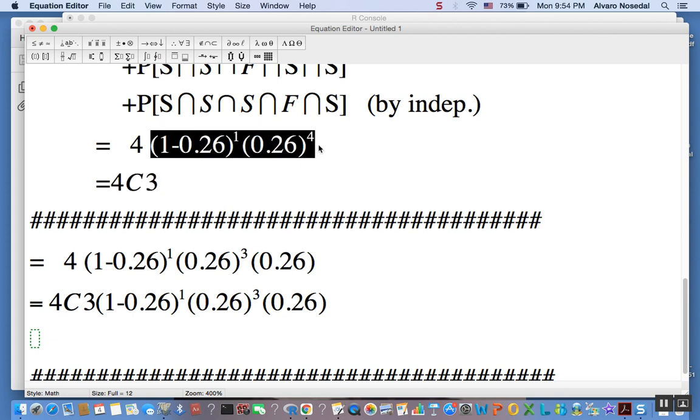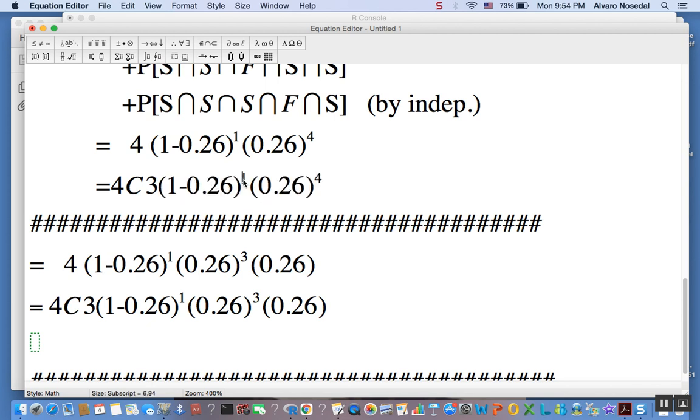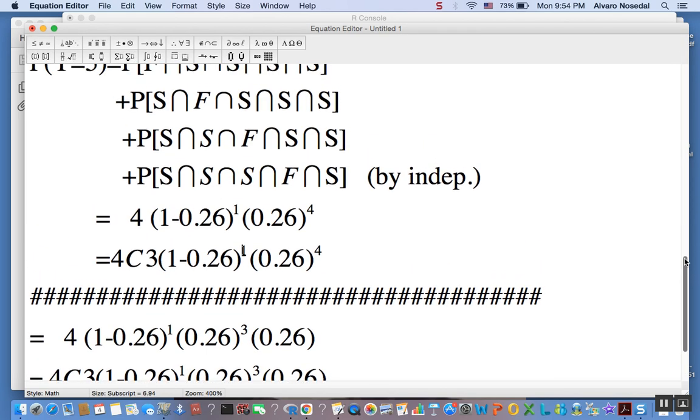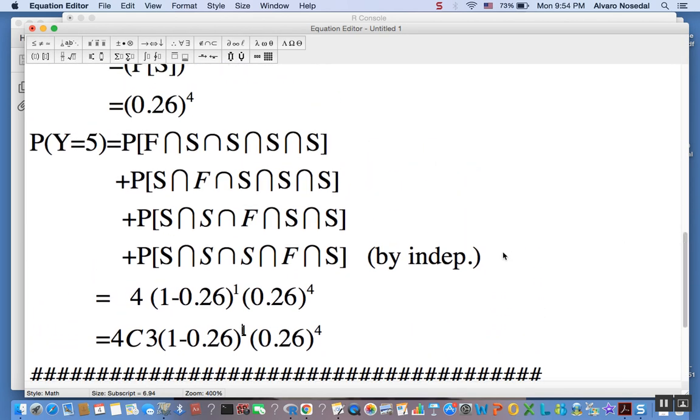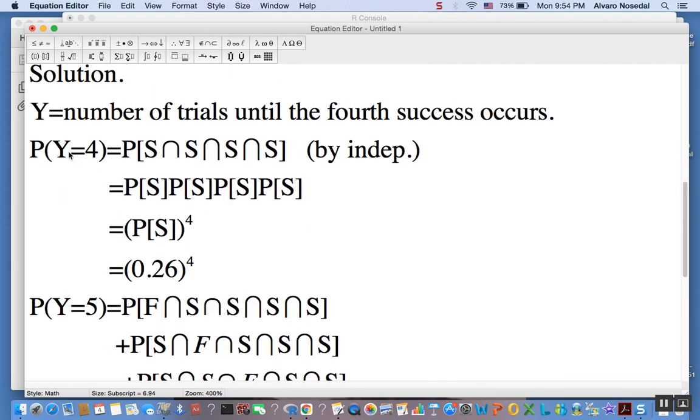Now that 1, let's try and rewrite it. Note something interesting here. With this one, when y was 4, that was the power of 4.